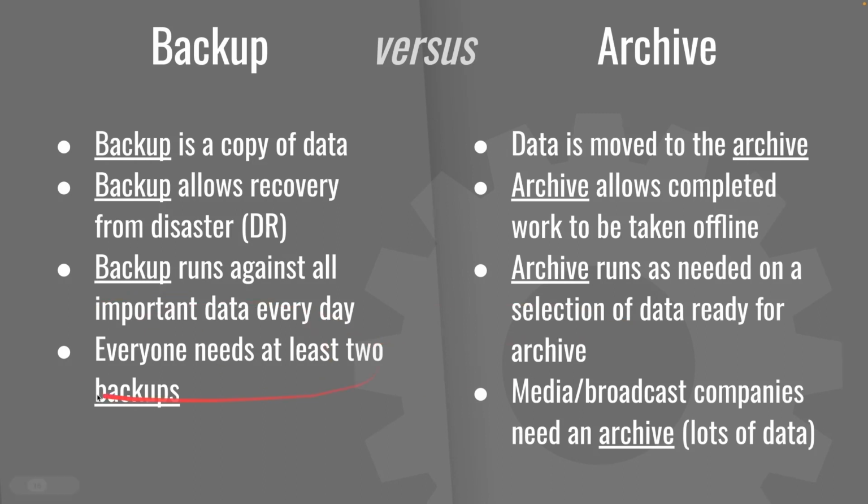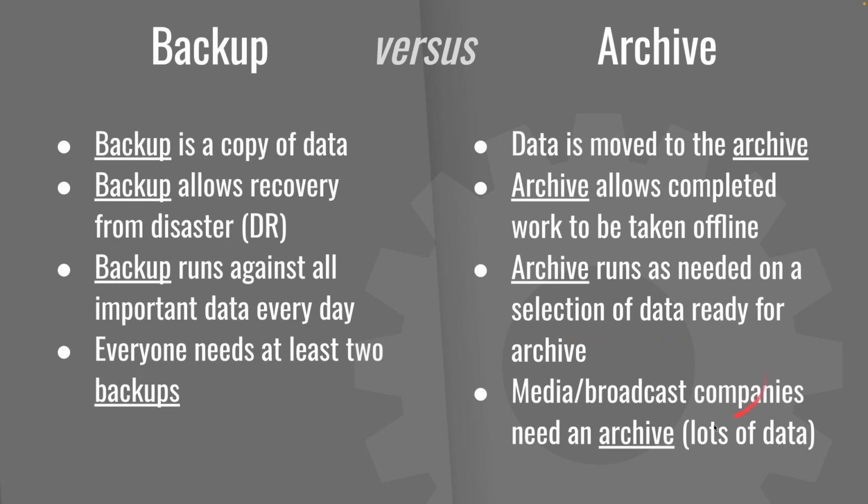Everybody needs at least 2 backups. So if you've only got one, think about getting another one, because if your storage fails or you have a fire and one of your backups doesn't work, you still need to have something that you can go to get your data back. A lot of our customers will have an on-prem LTO backup, and then also a cloud backup as a sort of last resort, to the cheapest cloud storage that you can buy.